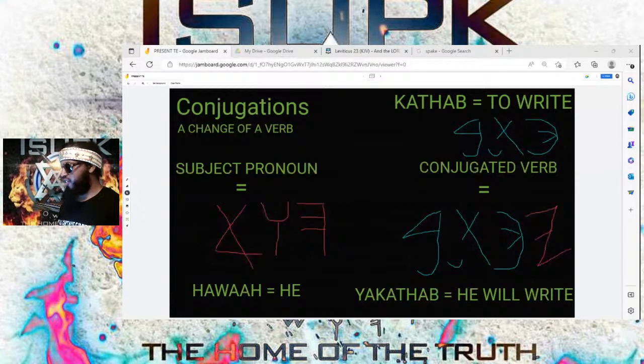Remember, you want to find the root word. The root word in this case is kathab, meaning to write. Everything is based off of your subject pronoun. The conjugation itself is putting a ya in front of kathab.